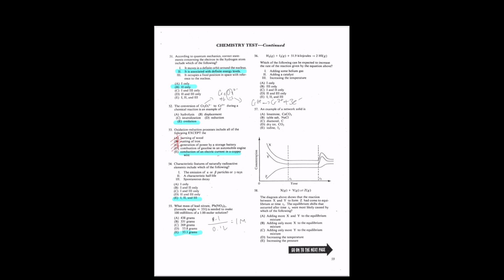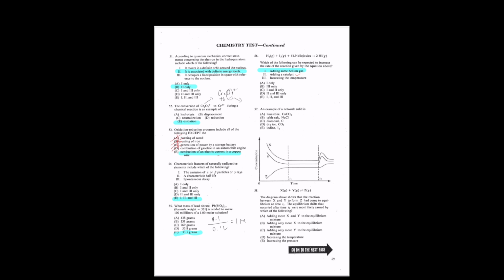56. Which of the following can be expected to increase the rate of reaction given by the equation above? Okay, so this is asking which choice will increase the rate of reaction. Adding some helium gas will not change anything. Adding a catalyst, yes, that's definitely true, because a catalyst lowers the activation energy.